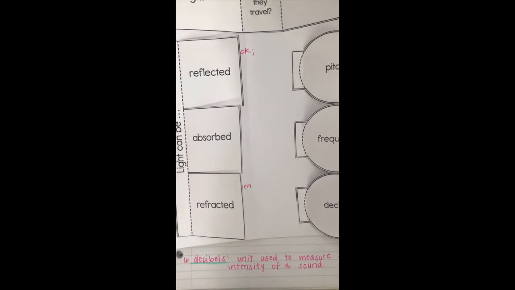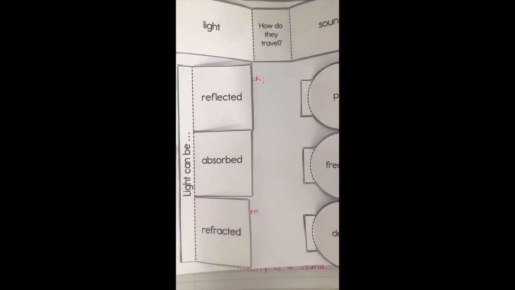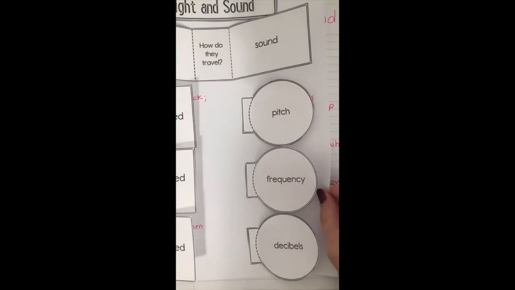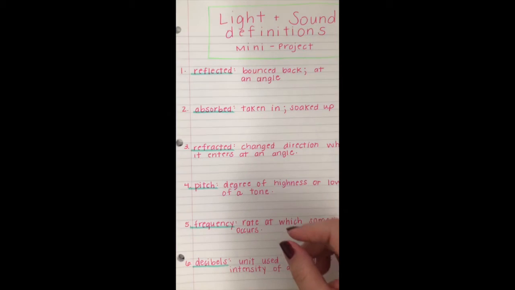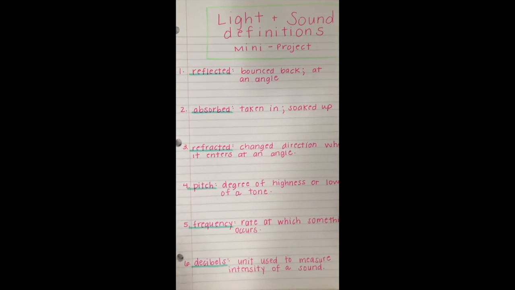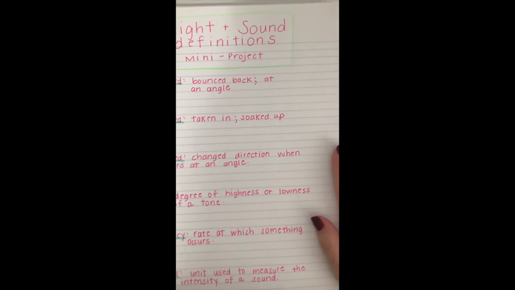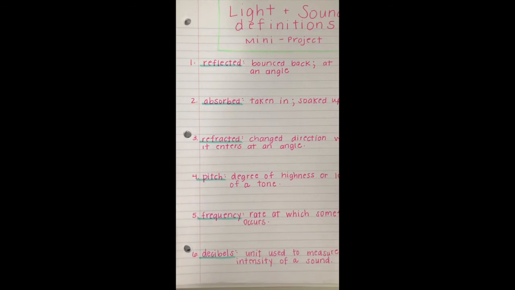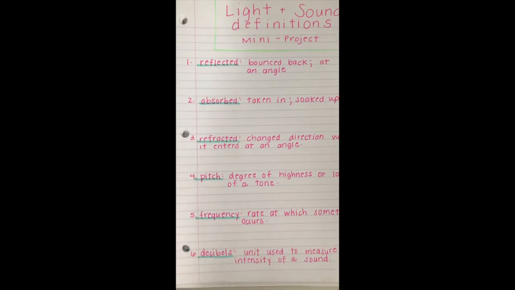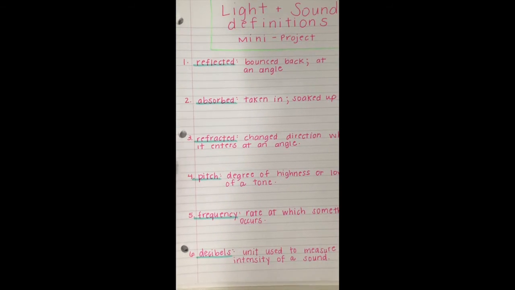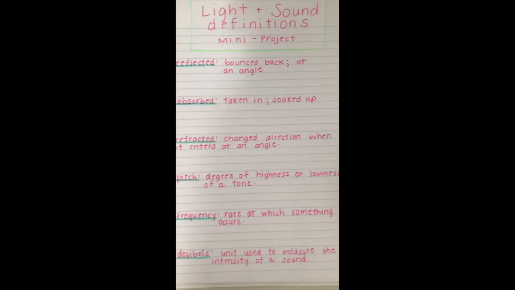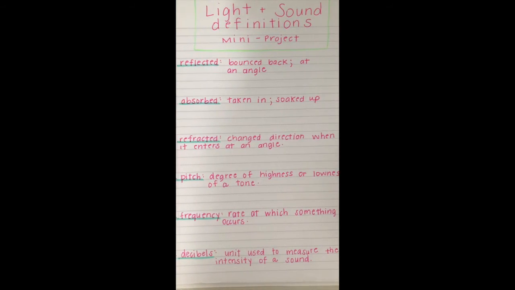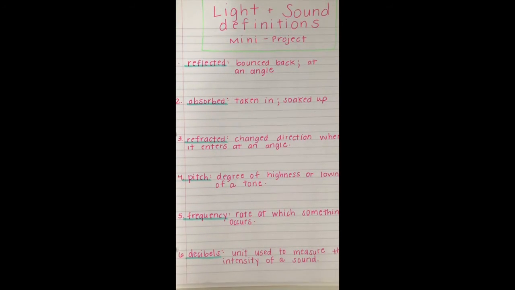So I want to just go over the meanings of these words that we heard today, just so we better understand them. So I made this little definition sheet for light and sound, and I numbered them 1 through 6 because we will have 6 definitions to go over. So you can pause this at any time because you will need these definitions to complete your mini project.